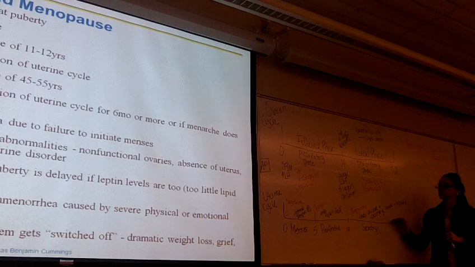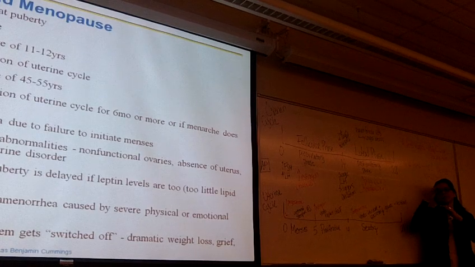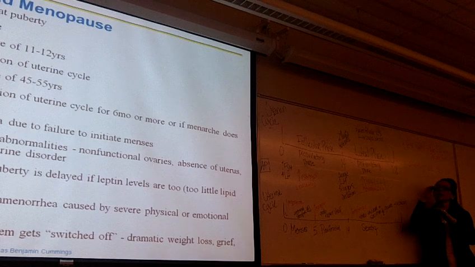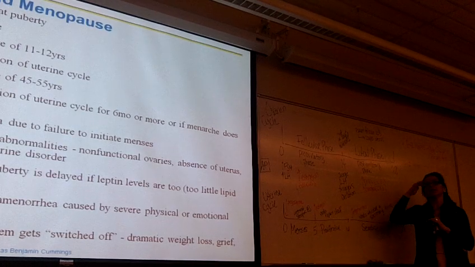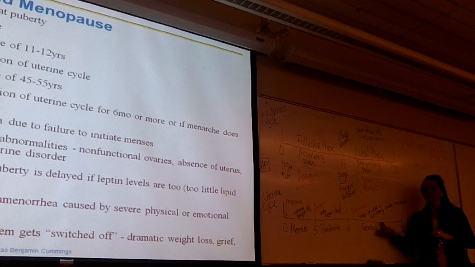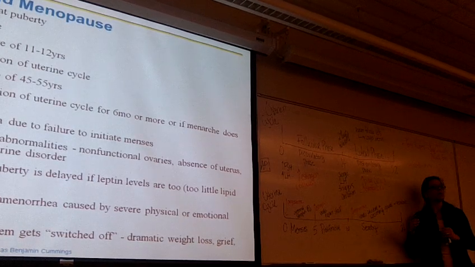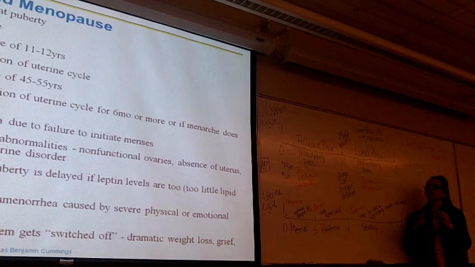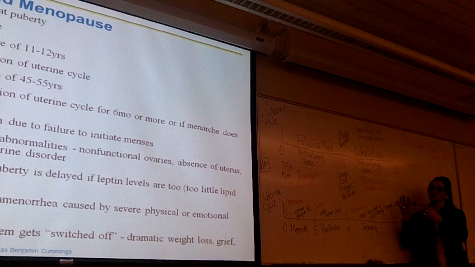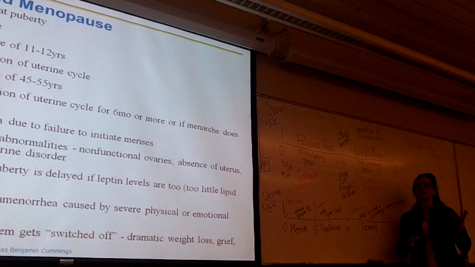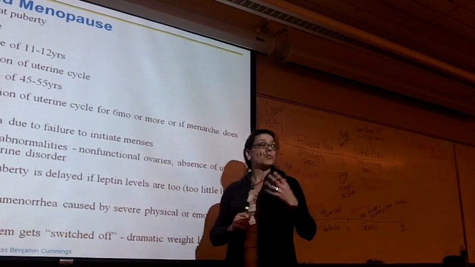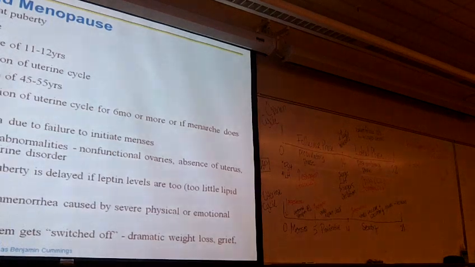And because the levels are just high enough to keep FSH and LH levels low, but not so high that you get a nice thickening of the endometrium, there's really not much to slough off. So depending on the type of birth control and the particular combination of these hormones, you can see varying degrees of that. And it's probably something along those lines.